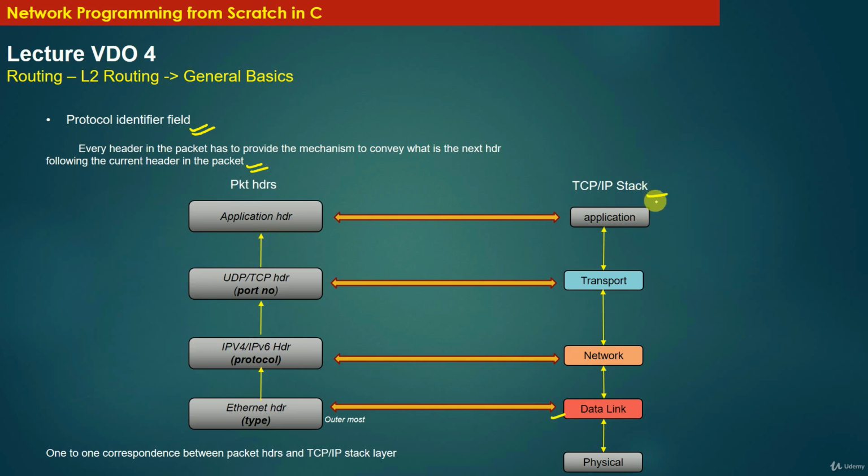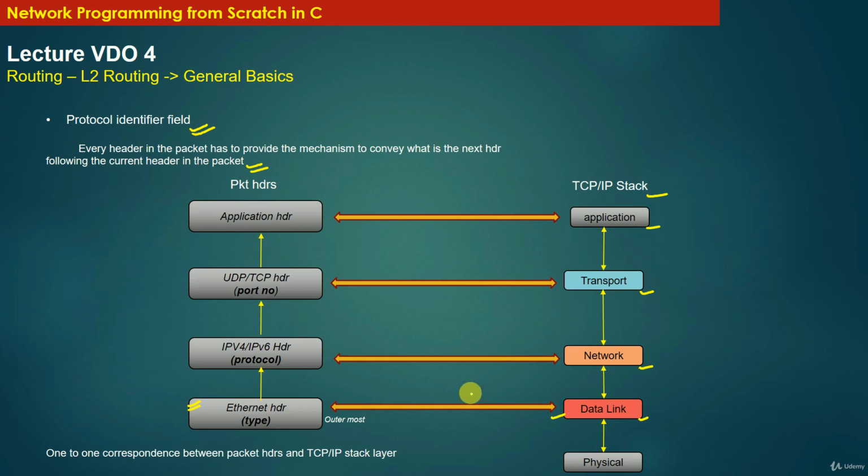On the right hand side, you can see that I have drawn the layers of the TCP/IP stack. The topmost layer is the application layer, followed by the transport layer, then the network layer, then the data link layer, and finally the physical layer. On the left hand side, corresponding to each layer of the TCP/IP stack, I have listed the most famous protocol which operates at that particular layer.